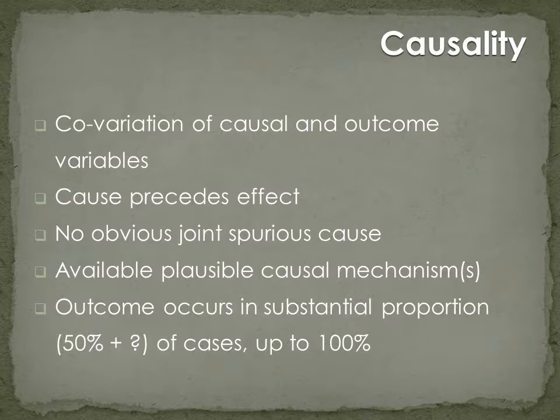And the final one is a much more judgmental kind of criterion, and that is the question of how many cases you insist upon before you accept that there's a causal relationship involved. Not all causal relationships are deterministic or 100% effective. Some are probabilistic in varying degrees.